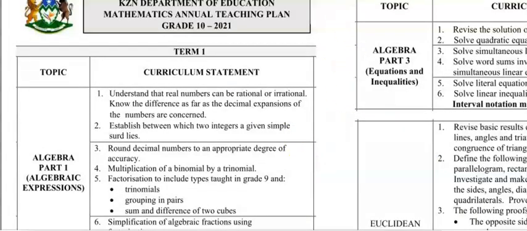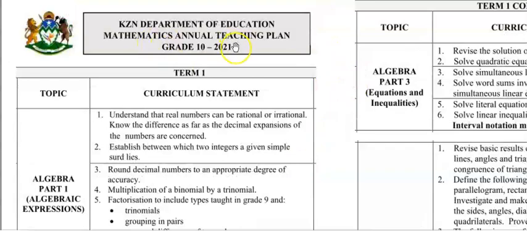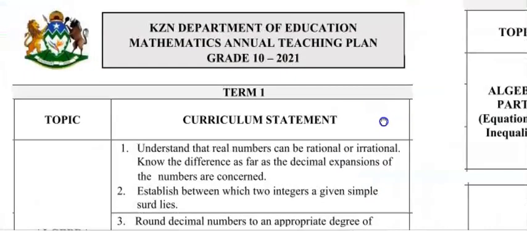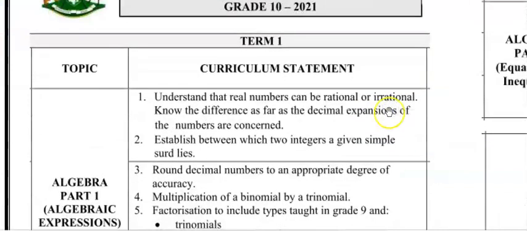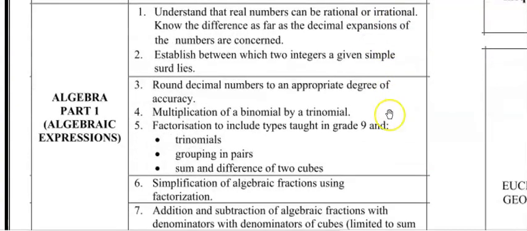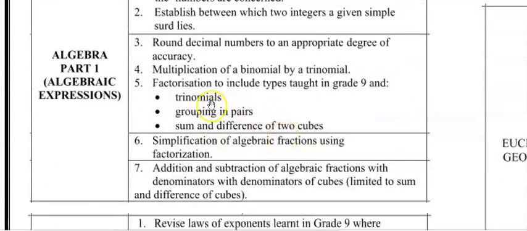If you look carefully at the work schedule here, this is the KZN Department of Education 2021 work schedule. You can now see that we are here, factorization, and it says to include types taught in grade 9 and trinomials, grouping in pairs, sum and difference of two cubes.